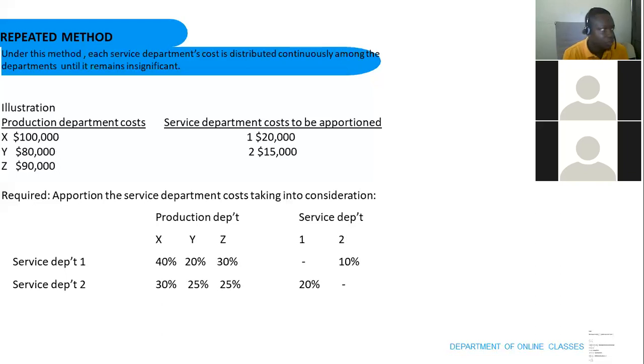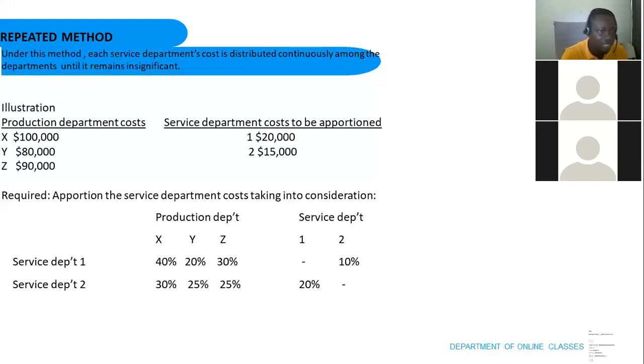Okay, so for instance, when it happens that our service department one incur a cost of, let's say, $20,000, you must make sure that you share or you apportion the 20,000 across all the production departments and also the other service department until the 20,000 becomes insignificant.